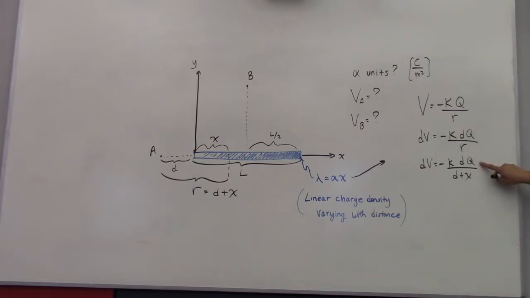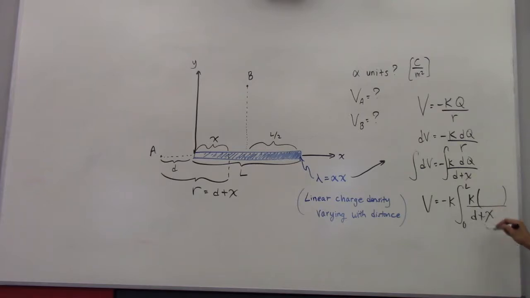We have a dq, so we have to relate dq to dx. If I integrate both sides, I'm going to get back the voltage. We get voltage equals negative k integral from 0 to L, dq over d plus x. Oh, I'm sorry, 2 Ks. My bad.